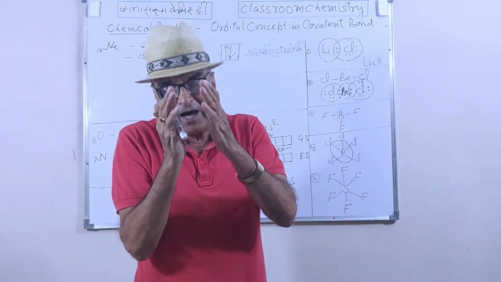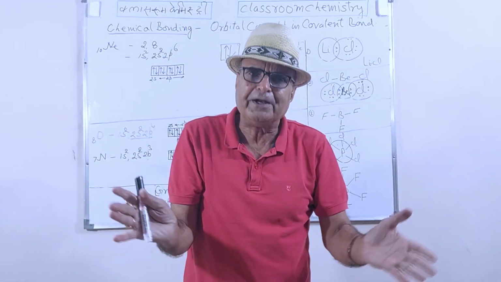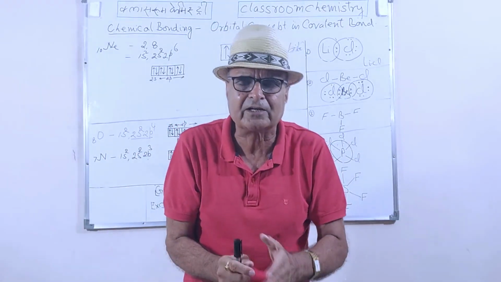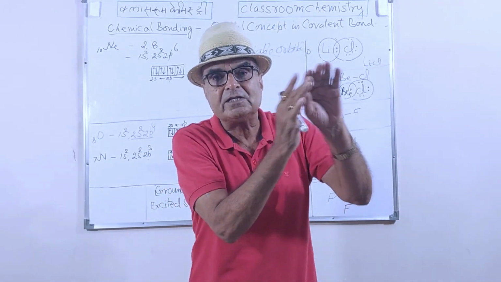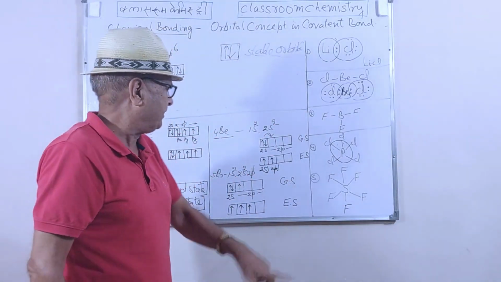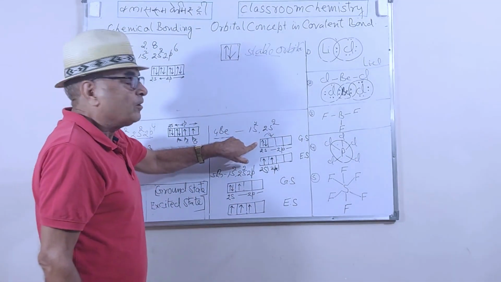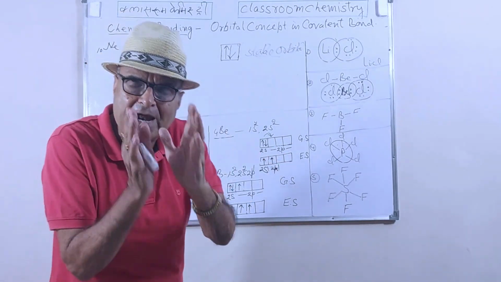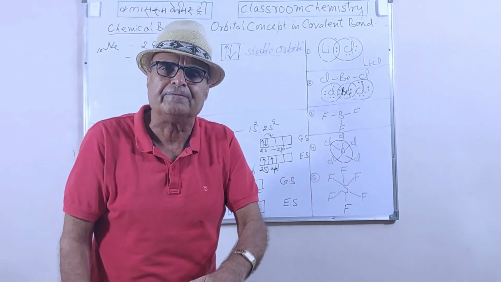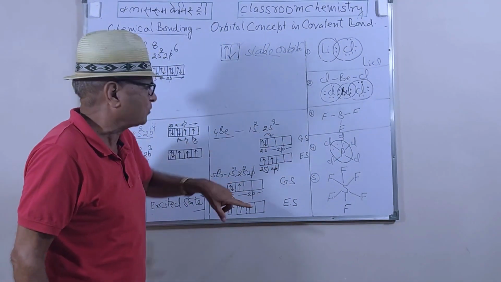Now the third point is that the number of unpaired or single electrons can be increased. In which manner? I am explaining to you. In the beginning, at the start of a chemical reaction, this beryllium has 2 electrons in 2s2.